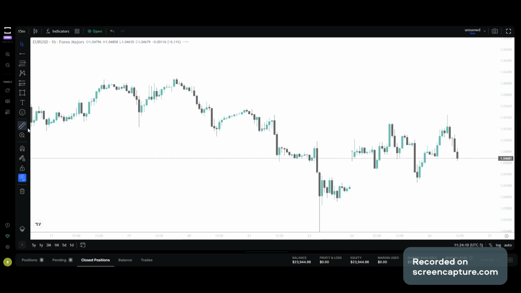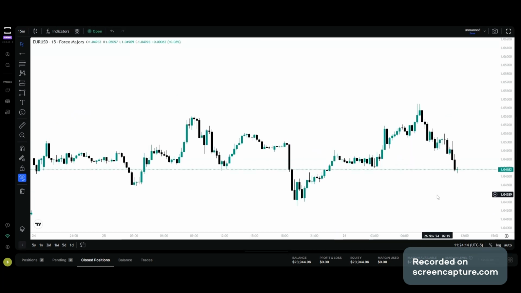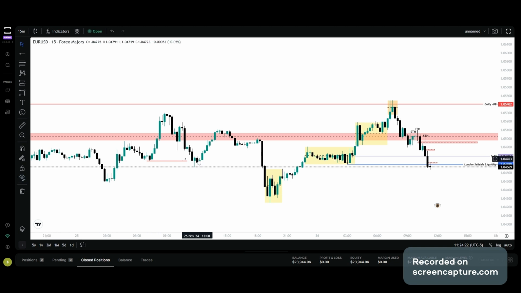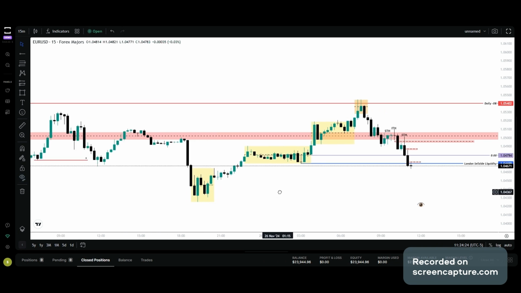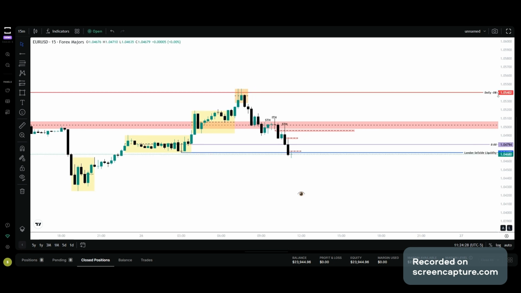Now dropping down to the 15-minute. So put my drawings back up. That daily order block is this red horizontal line.